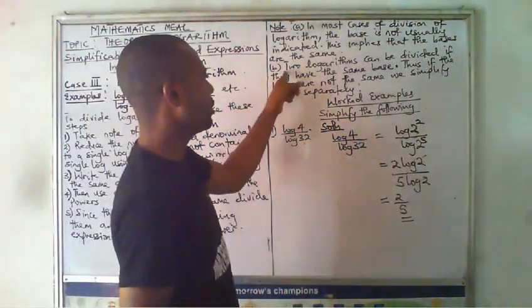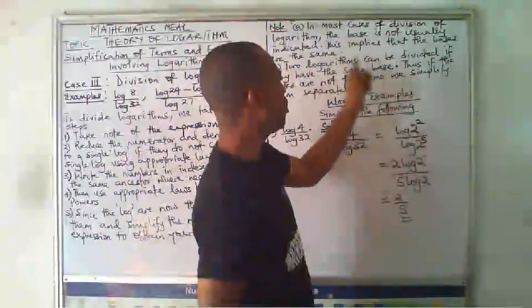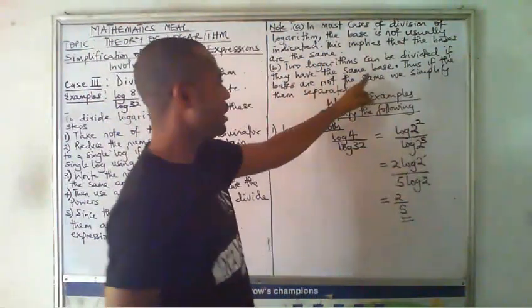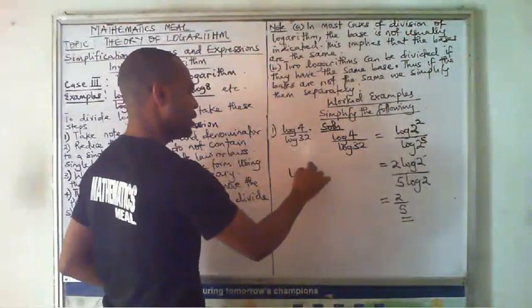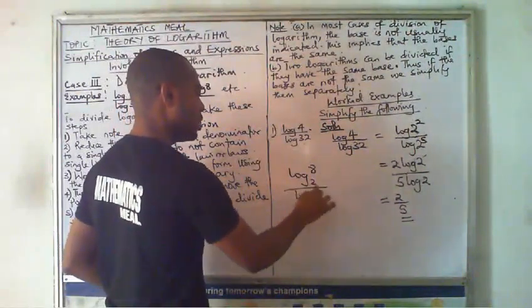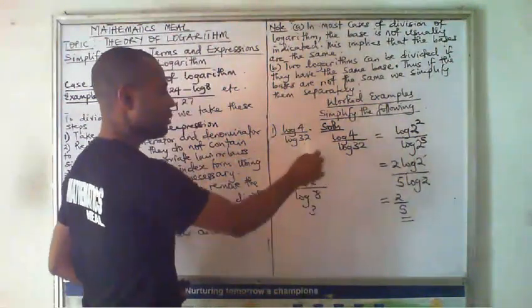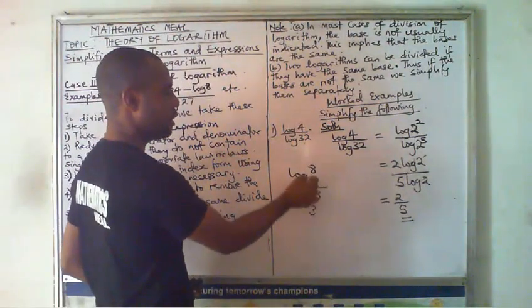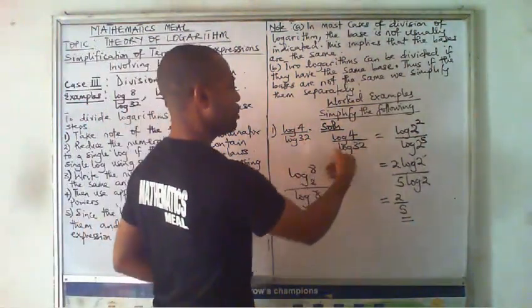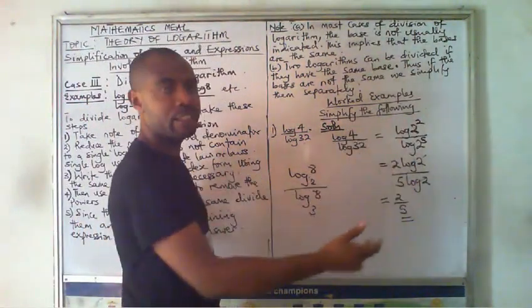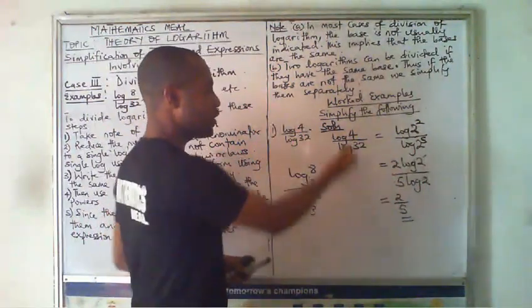And then I made the second statement. Two logarithms can be divided if they have the same base. So if I have maybe log 8 base 2 over log 8 base 3, you cannot divide them. You can't cancel them out because the bases are not the same. Here, no base, meaning their base is the same.